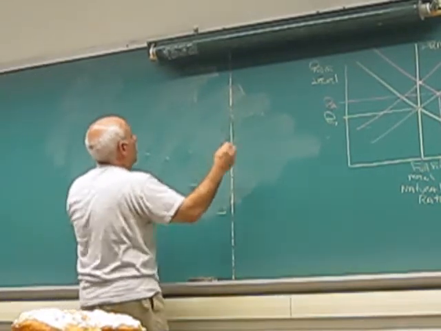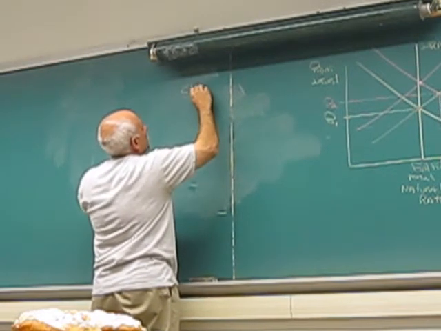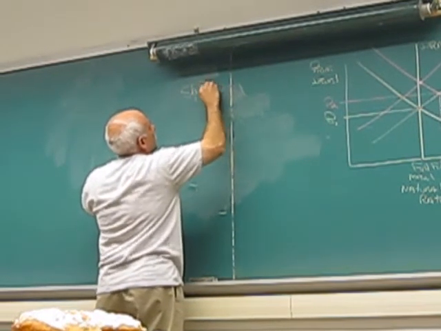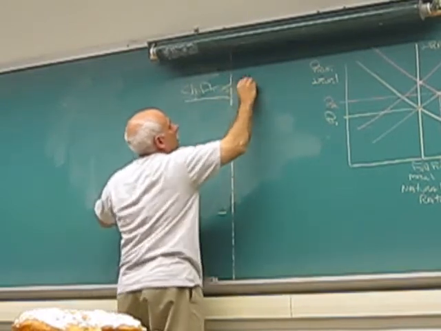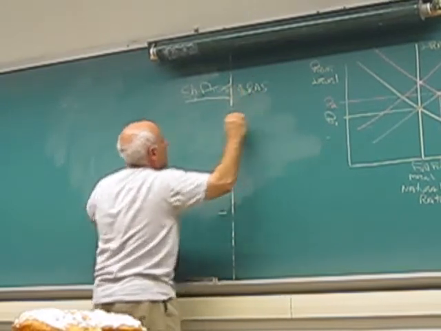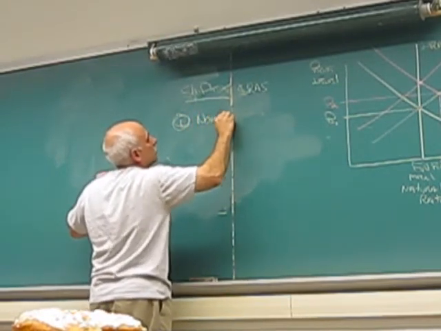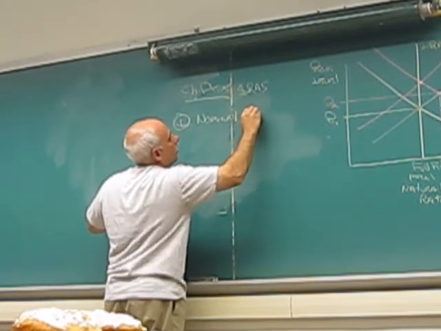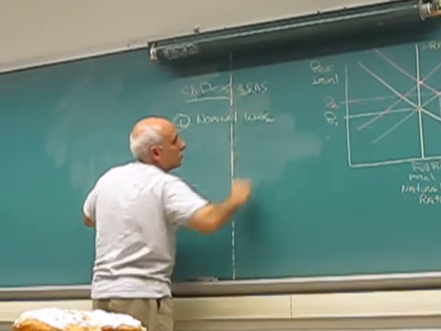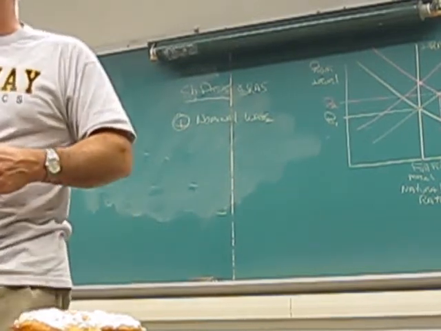So what are the shifters of short-run aggregate supply? One would be nominal wages. Wages are one of the biggest components of your total cost, right?